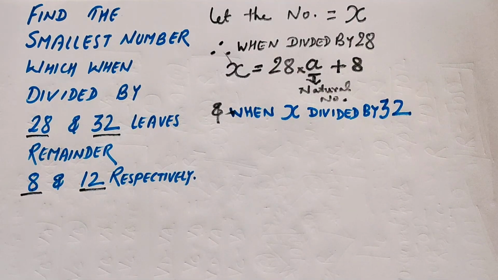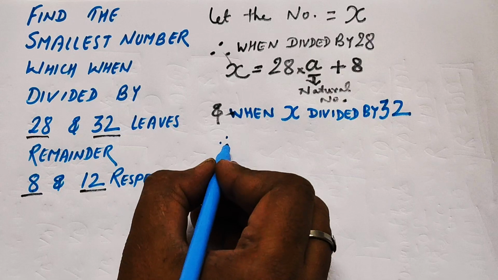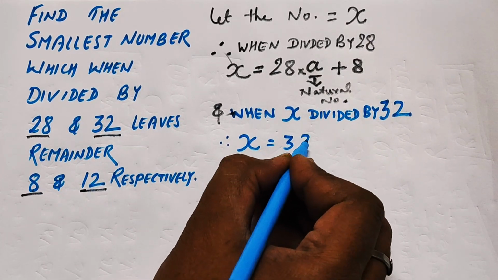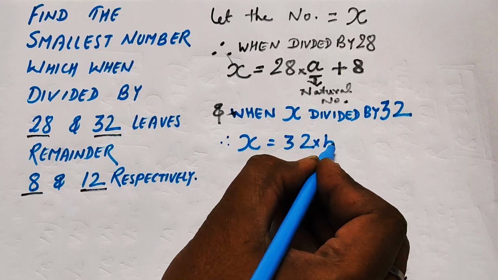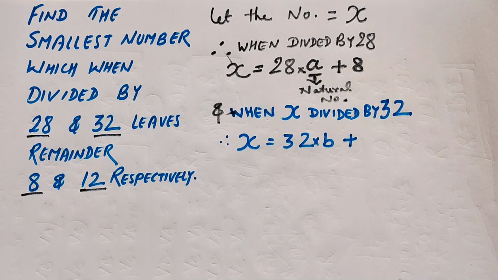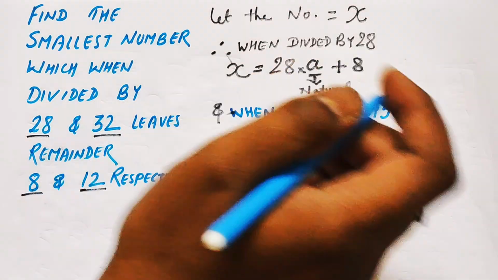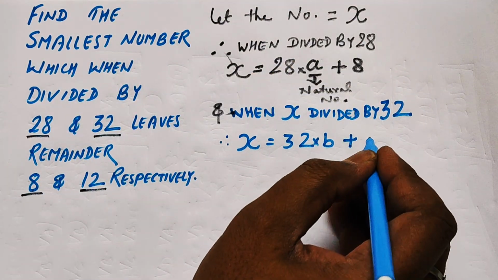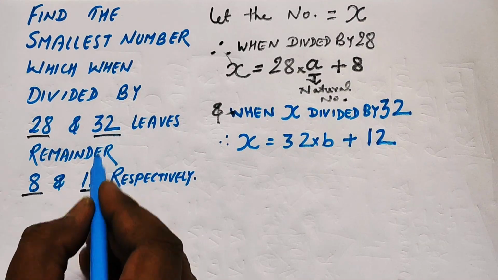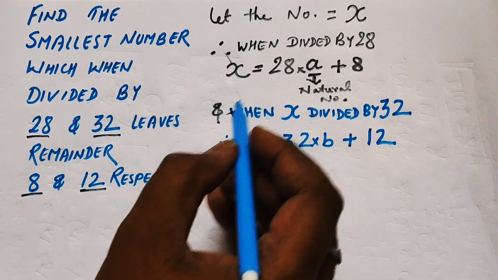So when x is divided by 32, x can be calculated as 32 into b, that means b times, plus the remainder 12. You can see here the remainder is 12 when it is divided by 32. So 32b plus 12 will add up to give you that particular number x, right?